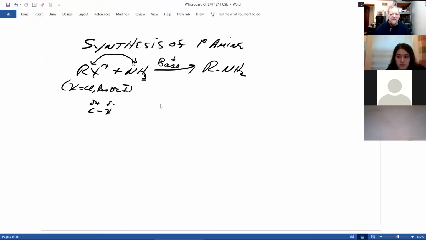Now, remember, nitrogen in amines has 3 bonds to it, not like carbon. Nitrogen in amines has 3 bonds to it, and notice 2 hydrogens, 1 R group. Now, the carbon with the halogen is the carbon this nitrogen is bonded to.